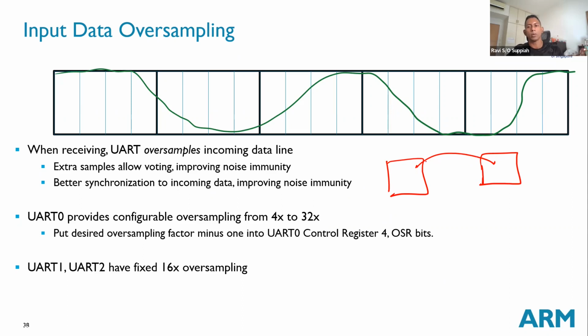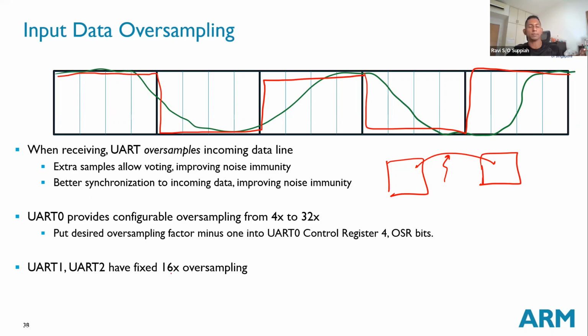So even though you transmit 1 0, 1 0, 1, the actual data that you get may be quite different, depending on how much noise or interference is affecting that line.